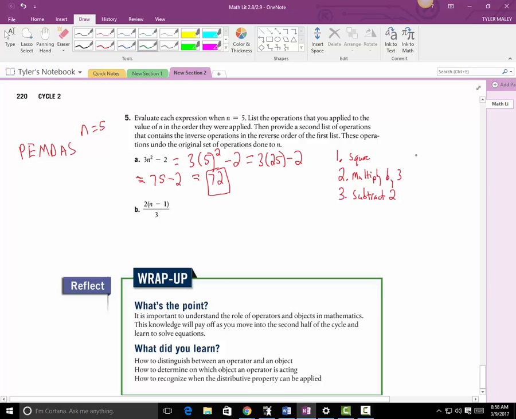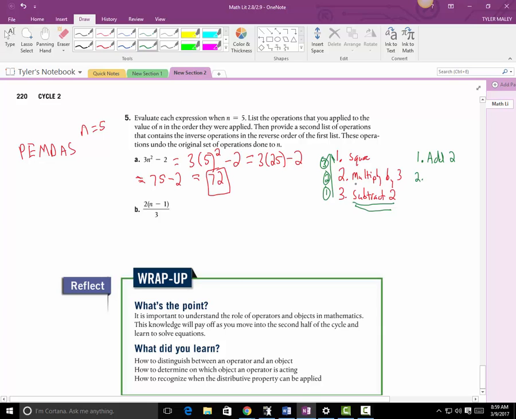We do everything in reverse. The first thing we would do to solve this is the opposite of the last step. The opposite of subtracting 2 is to add 2. So we're going in this direction: first, then second, then third.